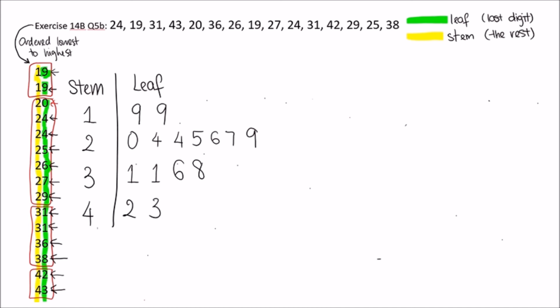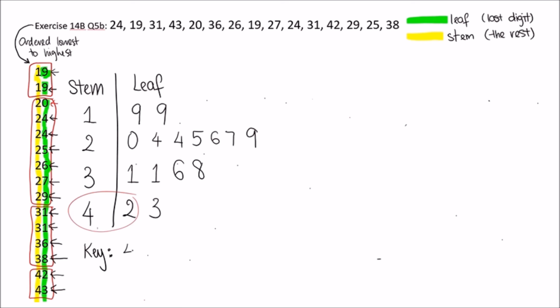Yeah. So that is our basic stem and leaf plot. All that's left to do is to write down our key. Our key just helps readers read our stem and leaf plot more easily. So I'm just going to circle one type of data, just there. And I'll write down exactly what I just circled.